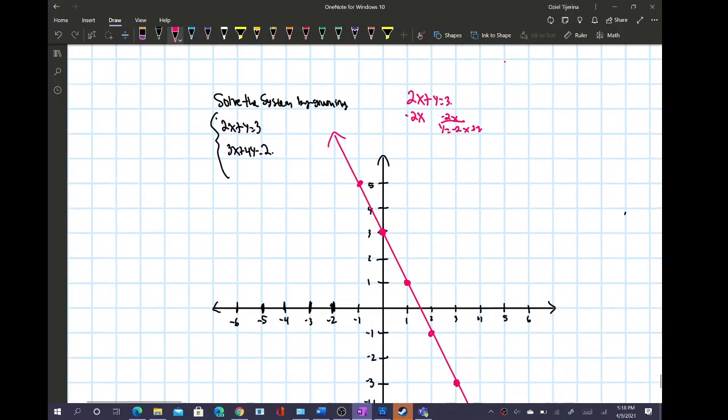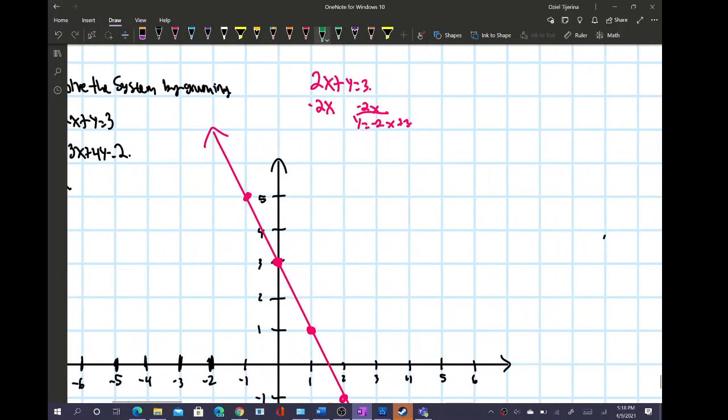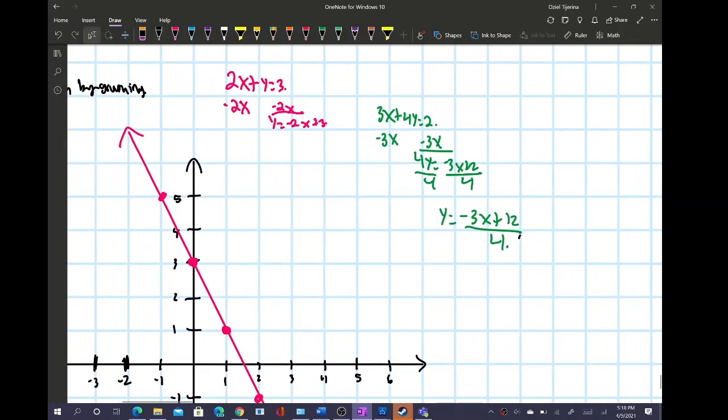And then we do 3x plus 4y equals 2. You subtract 3x on both sides, and then you have 4y equals negative 3x plus 2. Then you divide by 4 on both sides. You get y equals negative 3x plus 2 all over 4, right?